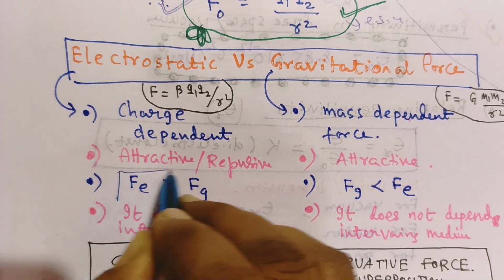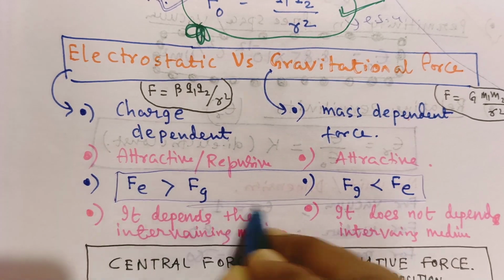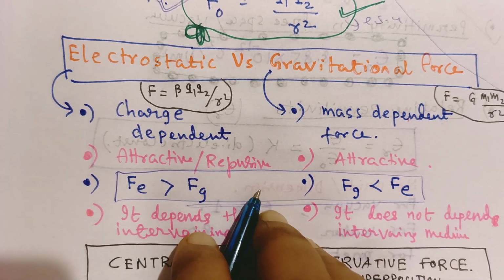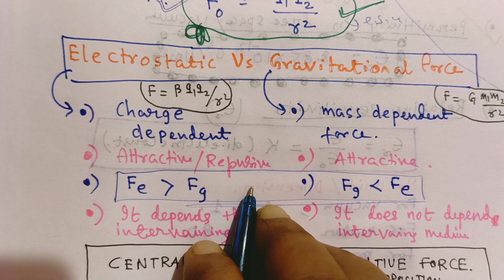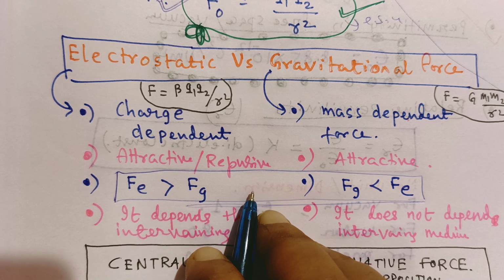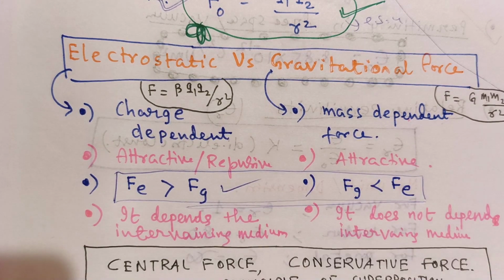For this we also gave an example: when a charged comb is kept very near to neutral paper pieces, I have also explained that the electrostatic force is developed due to the induction method of charging. In spite of gravitational force, the paper sticks with the charged comb. This experiment also showed that electrostatic force is greater than the gravitational force.